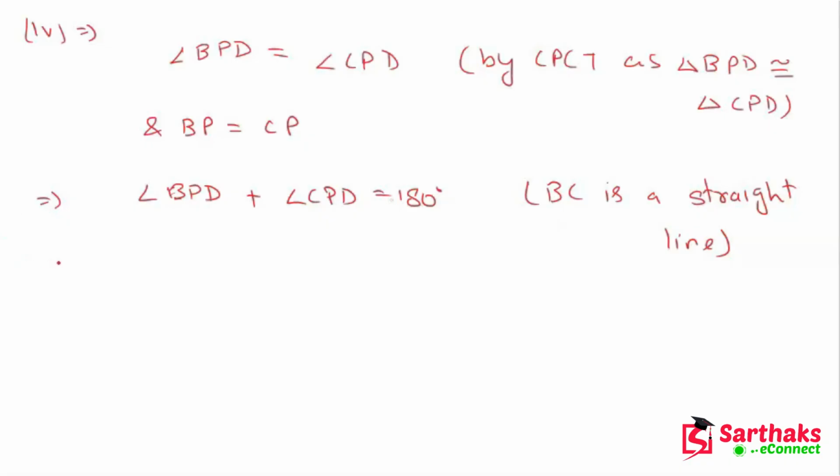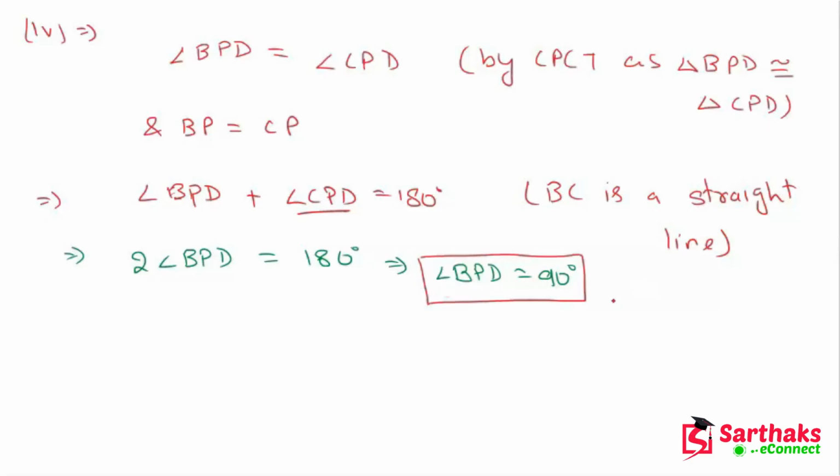Also, we can write angle BPD in place of angle CPD. So this becomes twice angle BPD, which is equal to 180 degrees. So angle BPD is equal to 90 degrees.